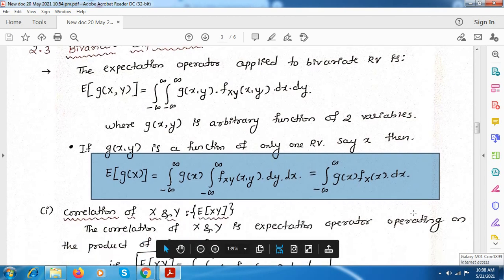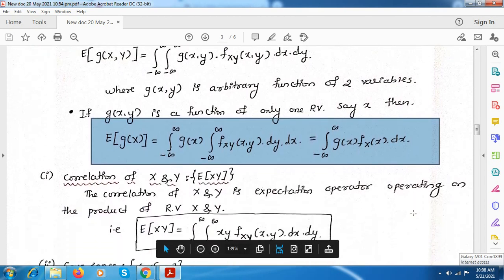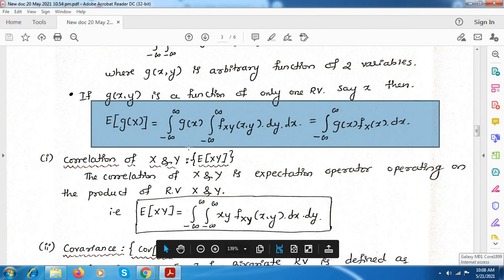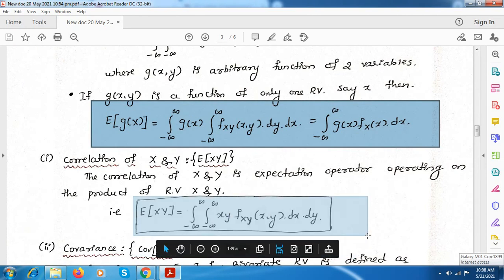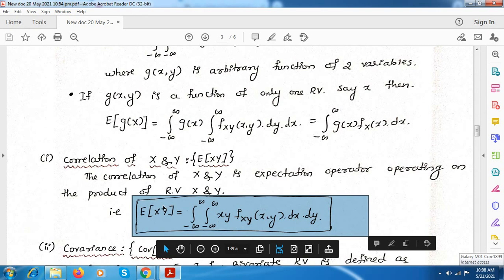So here next we will see the correlation of x and y, that is E of xy. How these both the random variables are correlated to each other, we can find out by using this equation. Same equation, here we have just written x and y. So here also it is E of xy. Here double integration, that is from minus infinity to plus infinity.